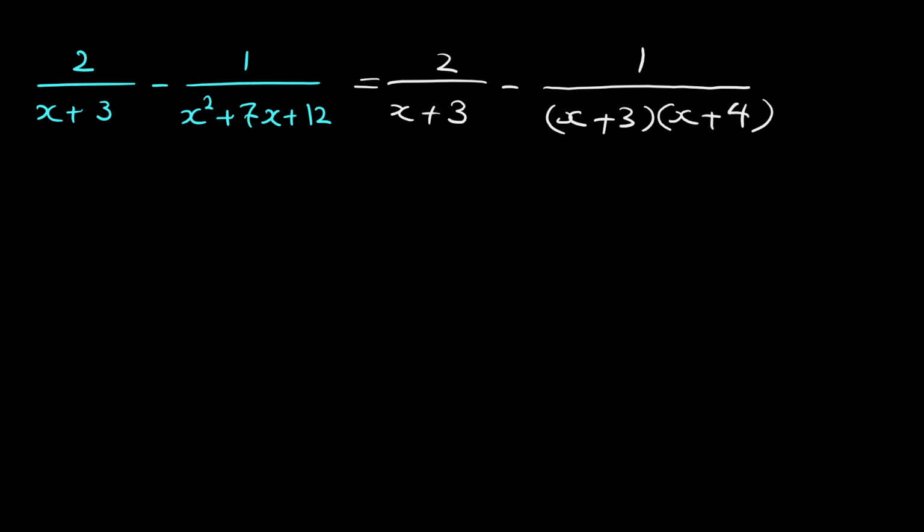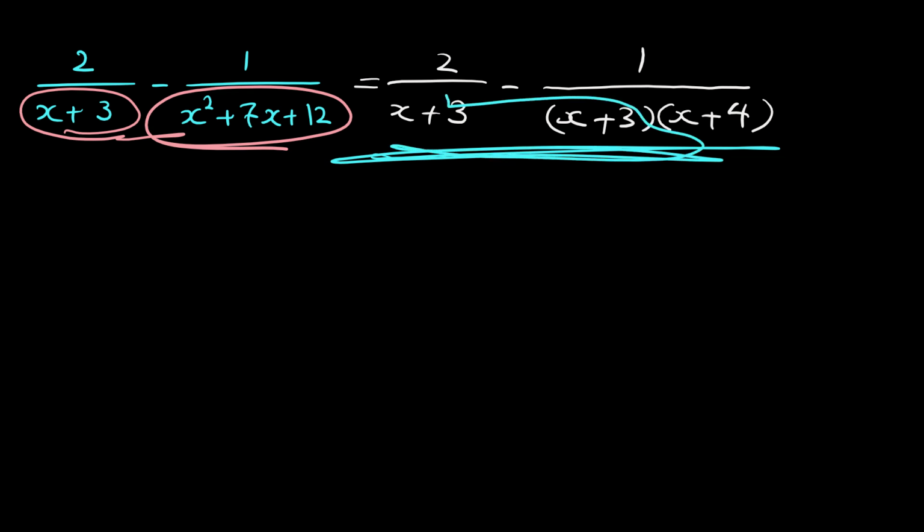If you wonder why we have to factor, why we cannot directly find the common denominator: yes, of course you can multiply this denominator by this denominator as the common denominator, but pay attention, it's better to find the least common denominator. And for finding the least common denominator, you have to try to factor the denominators. Then clearly you can see the factors of the denominator.